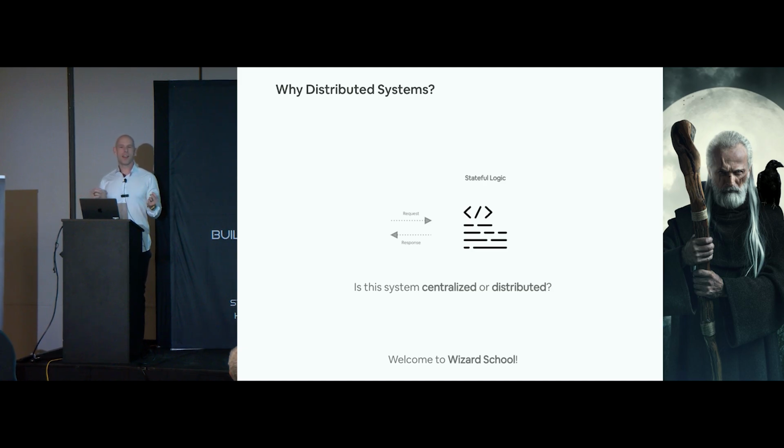What do you think? Centralized, right? Because it's stateful logic, it's updating things in memory and that is affecting requests and responses, but it's all happening on a single node. So those changes can be made atomically and consistently using many different techniques that we have: locks, STM, et cetera. This is no problem. This is basically a centralized system.